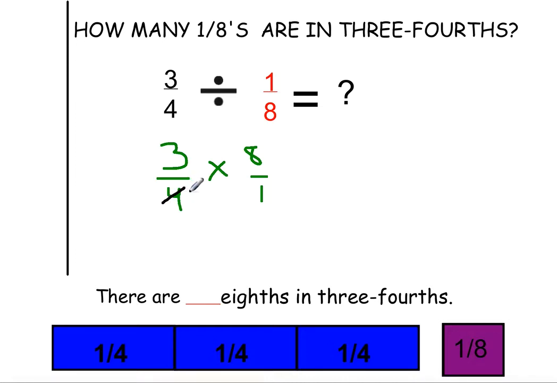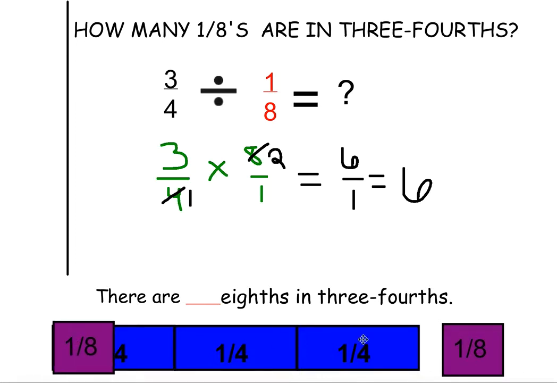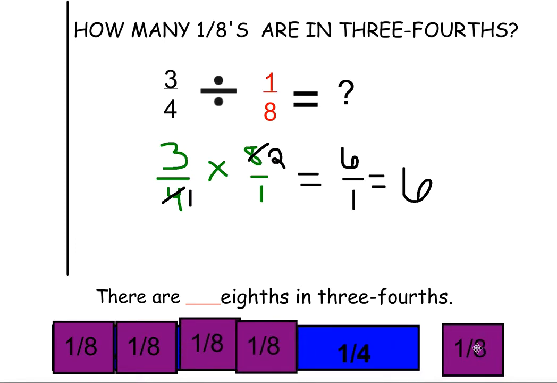So 4 goes into 4 once, 4 goes into 8 twice. 3 times 2 is 6. 1 times 1 is 1. The answer is 6. Now, not all my answers are going to come to be whole numbers. So when I put these in, you can see it takes 1, 2, 3, 4, 5, 6. Cover it.